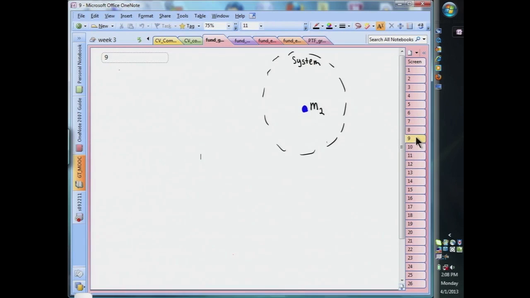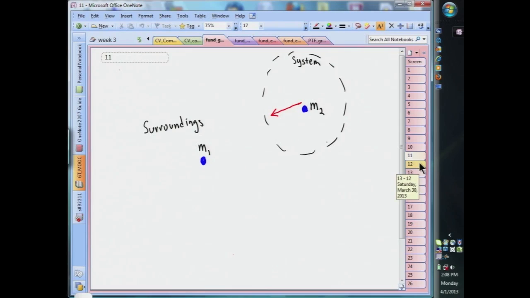We'll start by taking as our system an object whose mass we'll take to be m2. It was Isaac Newton who realized that if there is in the surroundings another object of, say, mass m1, then due to gravitational interaction, the system experiences an attractive force, a force directed toward the object in the surroundings.